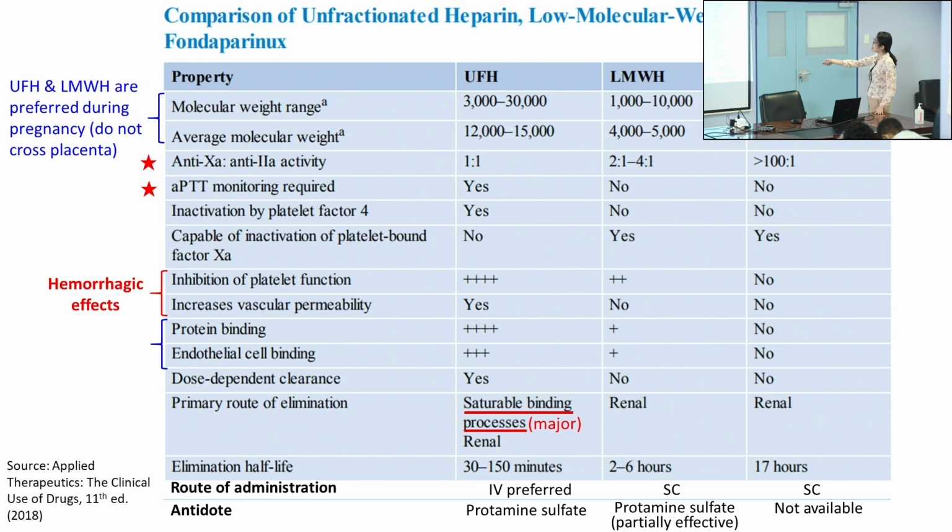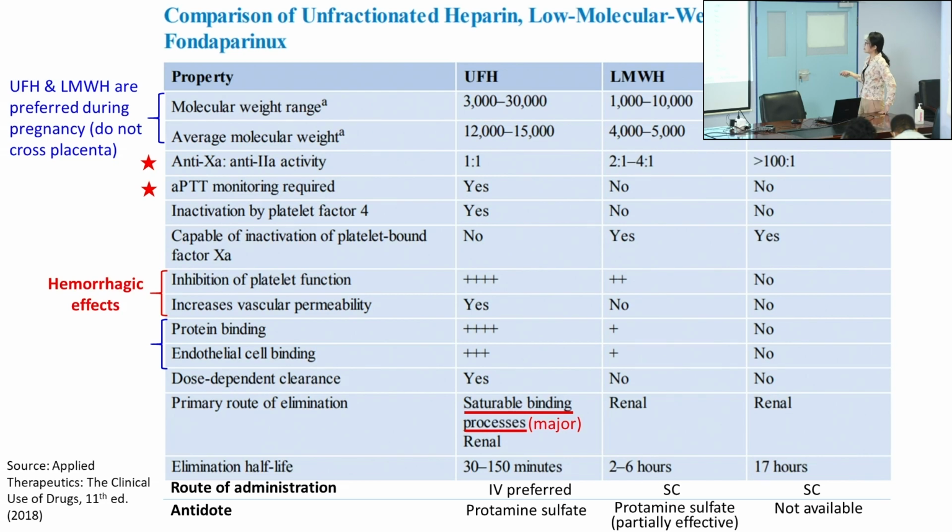So you can see that the one that I marked in blue, unfractionated heparin, has the highest protein binding and endothelial cell binding, and because of that, it may also bind to the platelets. So unfractionated heparin may also inhibit the platelet function. And because of binding to endothelial cells, it may increase the vascular permeability. So altogether, it will contribute to the hemorrhagic effects. That's why unfractionated heparin has higher risk of hemorrhage.